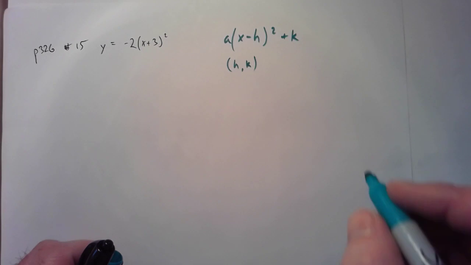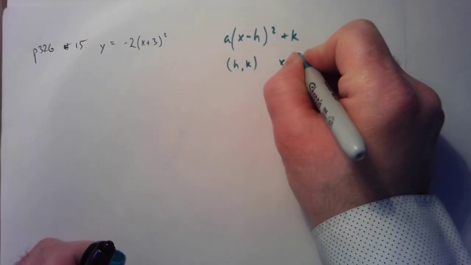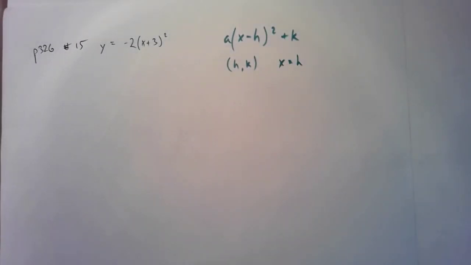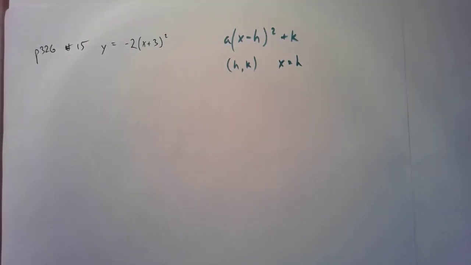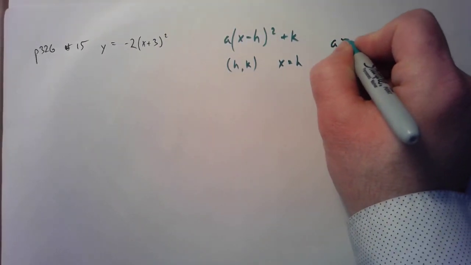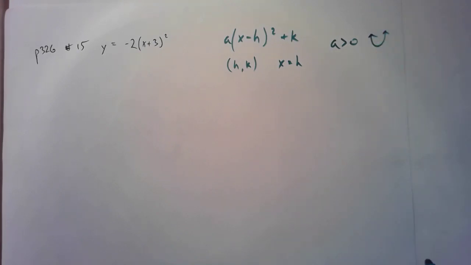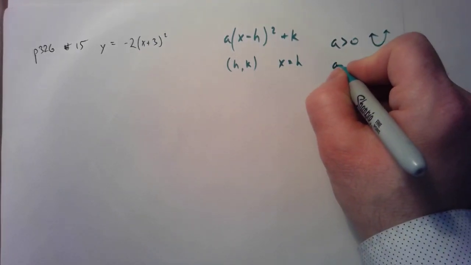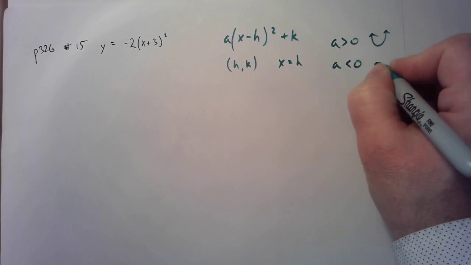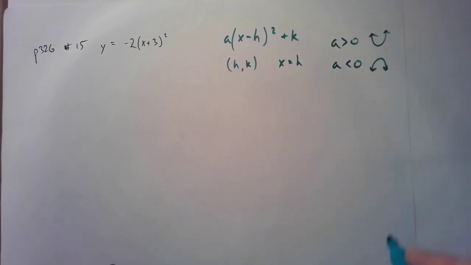The axis of symmetry, that would be the line x equals h. And the direction of opening, and that's basically just if a is positive, then it's a smile. And if a is negative, then it's a frown. By the way, if a were 0, it's not a parabola.